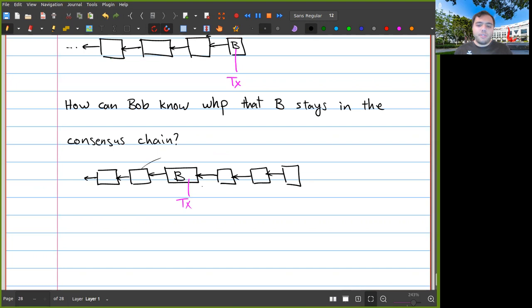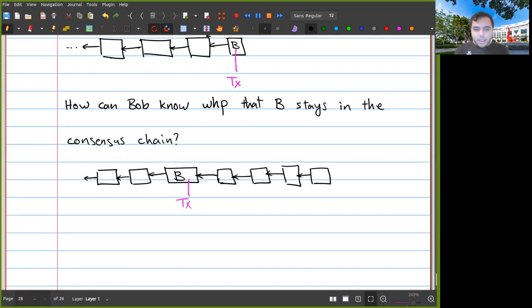They have to solve 5 proofs of work, which is quite hard. And the more Bob waits, the more security he has. So if he waits for just 1 block, there is already a good chance that it will not be reverted. But if he waits for 10 blocks or 100 blocks, then the probability that it gets reverted and forked is much less.